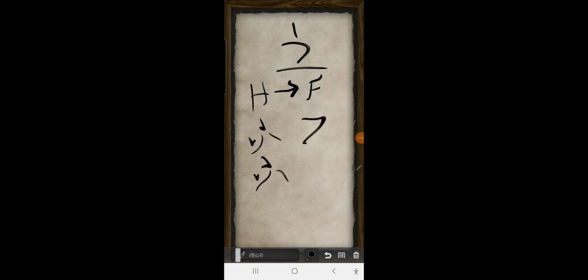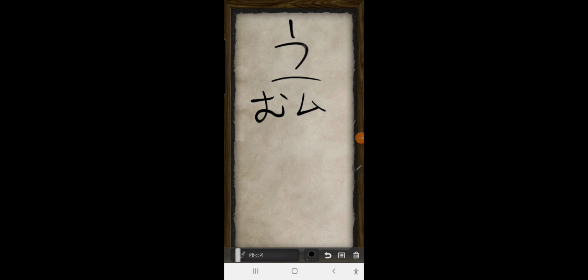And like this, Katakana. Okay, the next one we have is mu. Okay, and Hiragana, and mu, and Katakana.